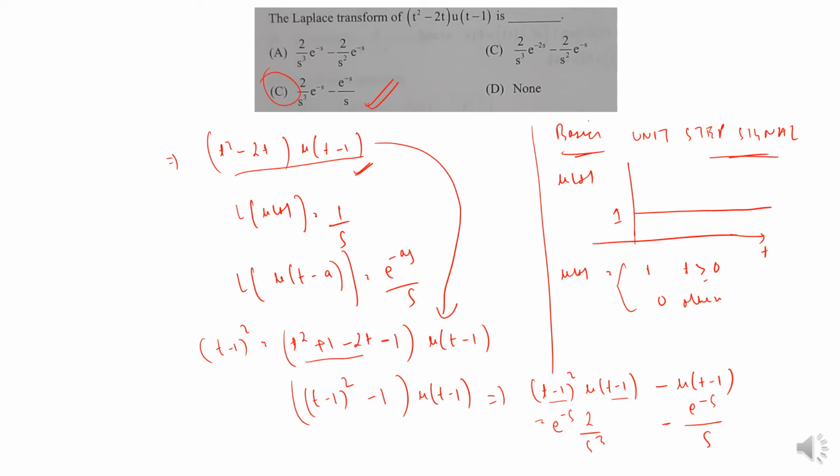I hope this is very well understood. Why are we doing it like this? I will explain. The question asked was t square minus 2t into u of t minus 1. So what we have to do is write t square minus 2t plus 1 minus 1 into u of t minus 1.